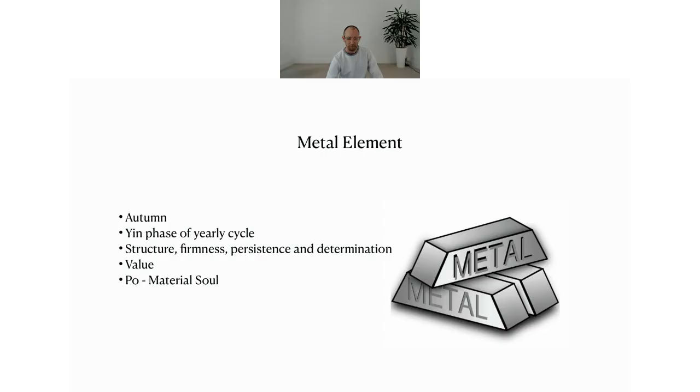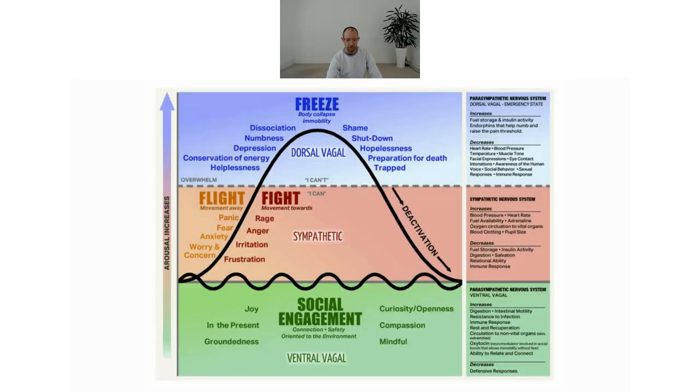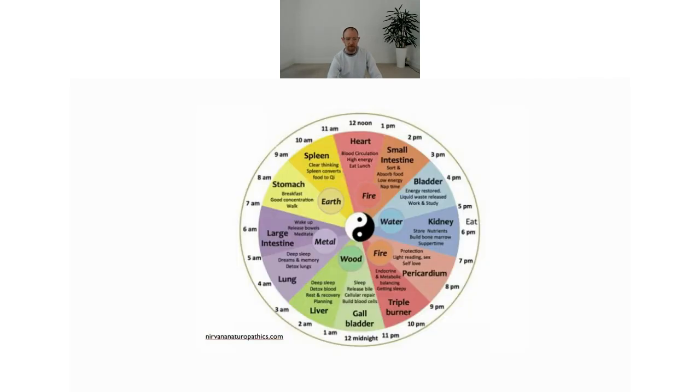I'm going to get the slides up just so you can see it. The metal element. So you may remember we've shown this, and it goes around in a sort of almost like a clock of all of the different elements and the timings that they happen.